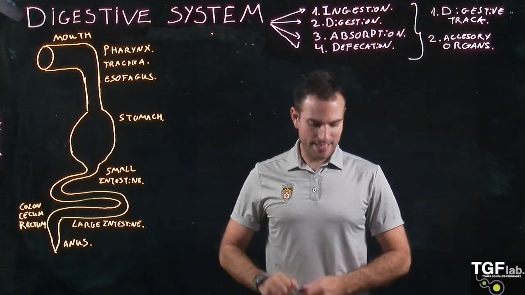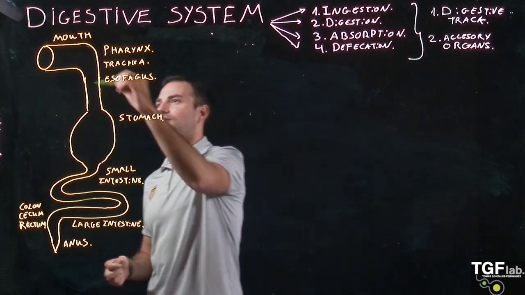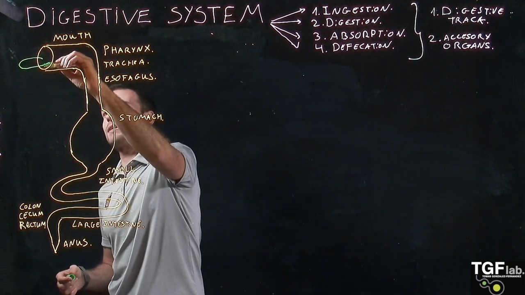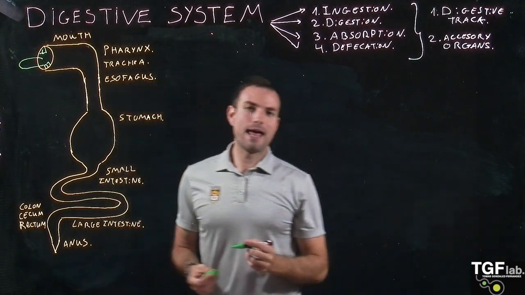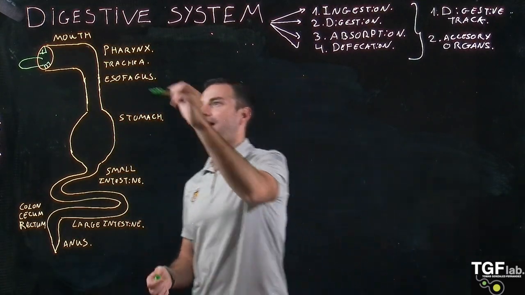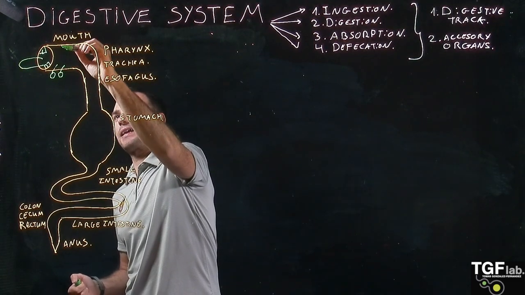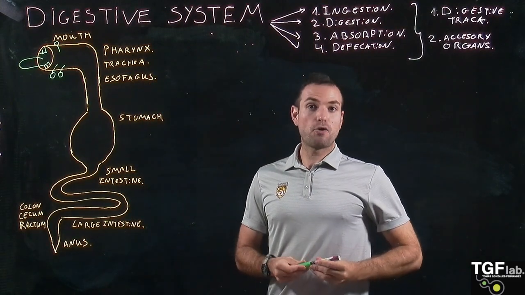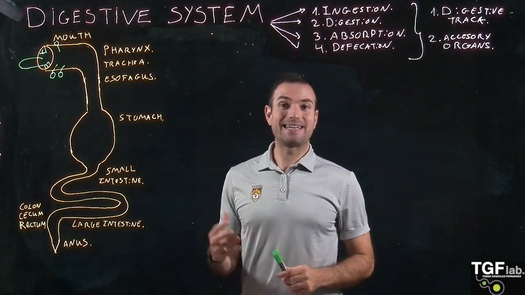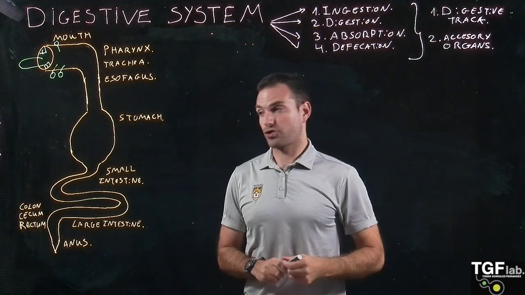different accessory organs. So for example, different accessory organs here are going to be our tongue and teeth as well, right? So we can eat. Then we are also going to have the glands. So we have the salivary glands, which is one on top and two in the bottom. And then very importantly, we have the pancreas and the liver, which are going to secrete a lot of components for all these different functions.